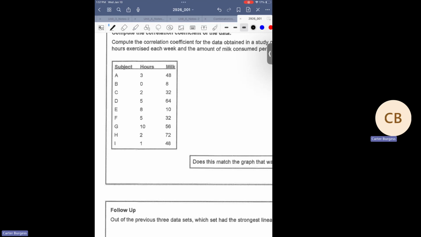If you scroll all the way down, it'll be on the side.